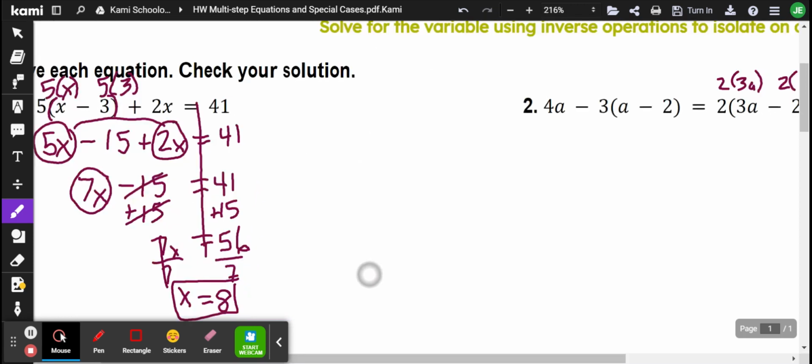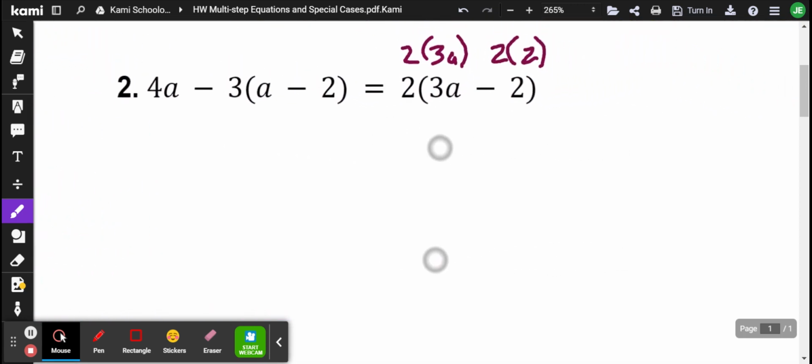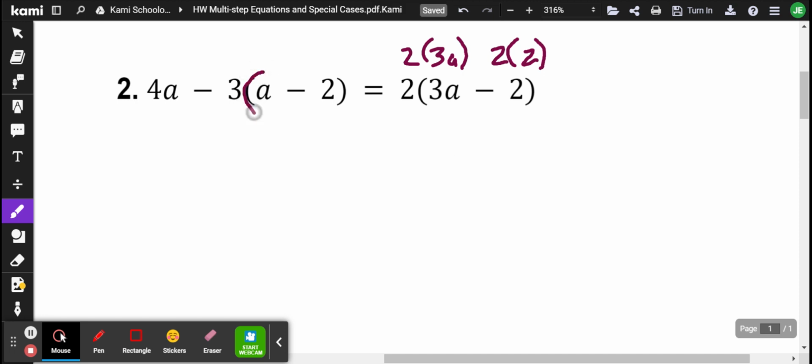Okay, moving on to the next one here. So we have two sets of parentheses. We have 3 times a minus 2 and 2 times 3a minus 2. So taking a look on the left side, the special case we need to pay attention to here is the subtraction of everything that is inside the parentheses.